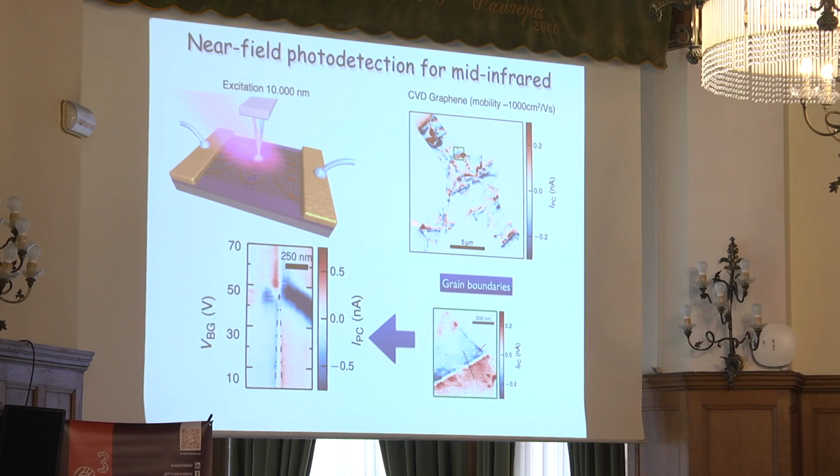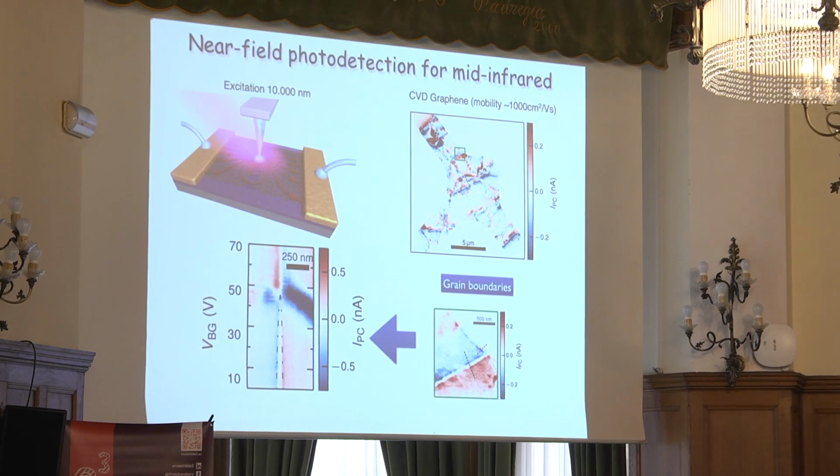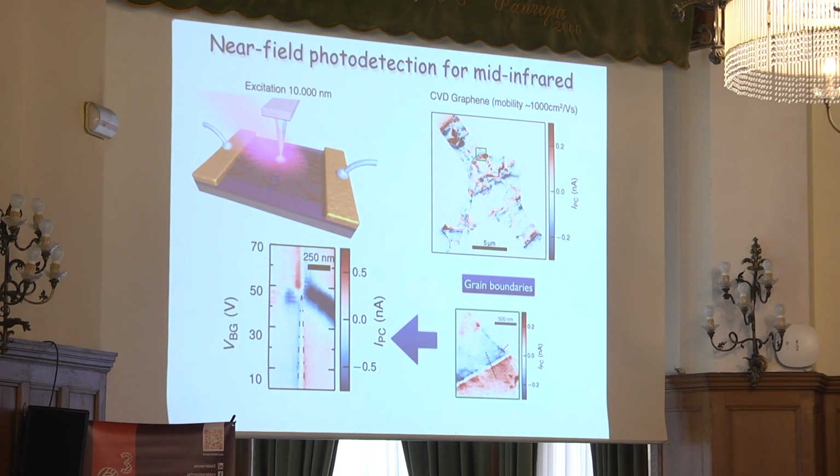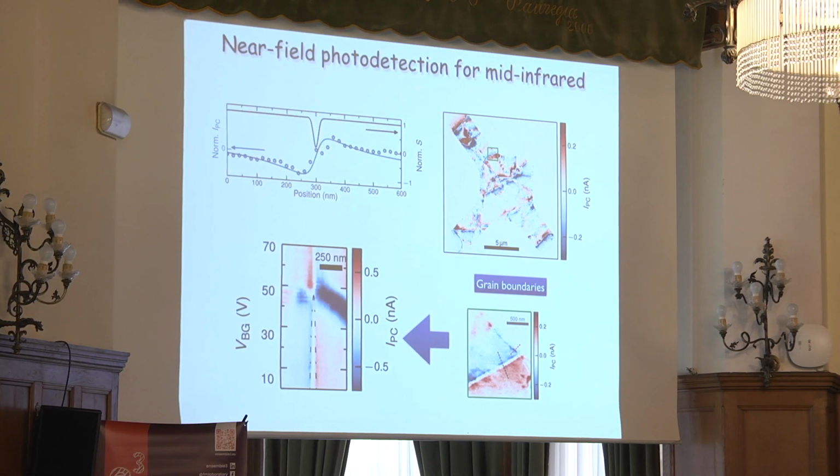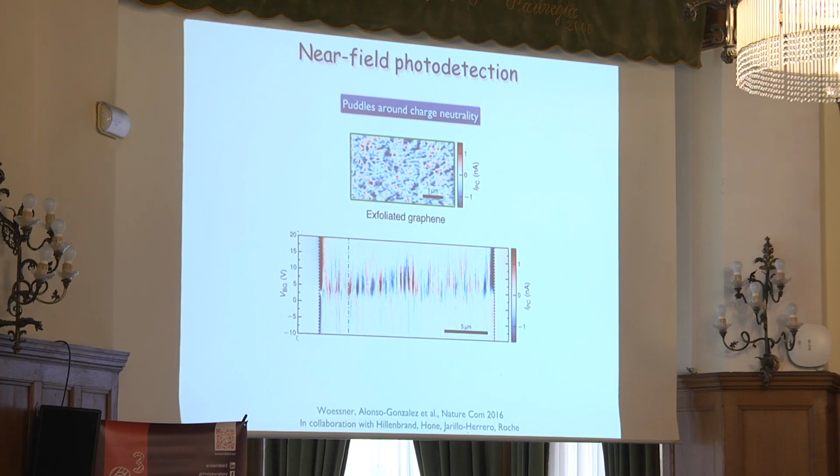Okay, so why is this useful? We can see grain boundaries, we can measure the carrier distribution, we can see that it's a messy system. Then we go to higher quality graphene. This is exfoliated graphene, but without boron nitride. If we are now close to charge neutrality, you can see all the puddles here. Electrons and holes.